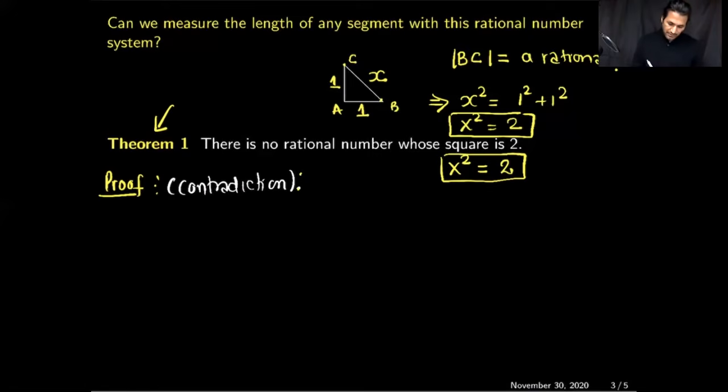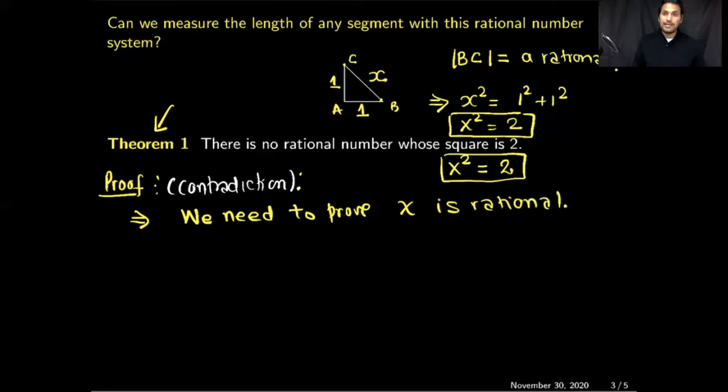What we need to prove in this theorem is that the length of the segment BC, X, is not rational.